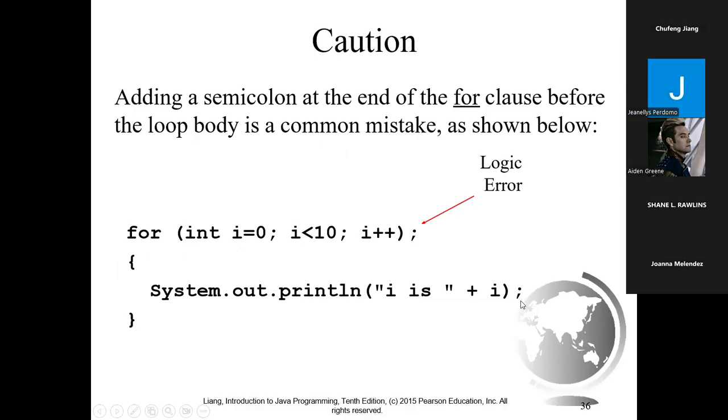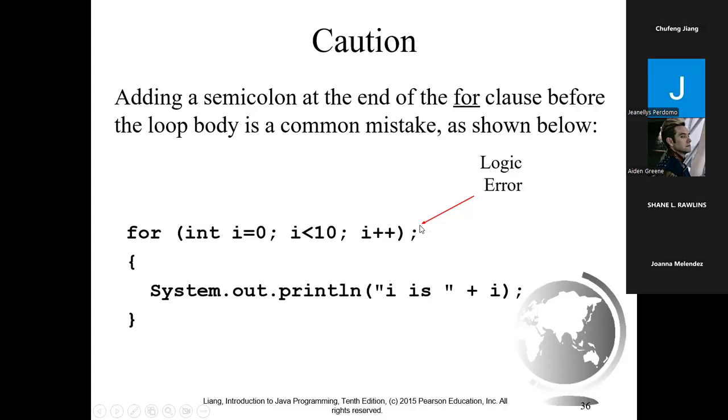And you have to be careful when adding a semicolon at the end of the for clause. For example, there, it will incur a logic error, as the loop body is a common mistake. Before the loop body in here, we don't suppose there is a semicolon after the for clause.